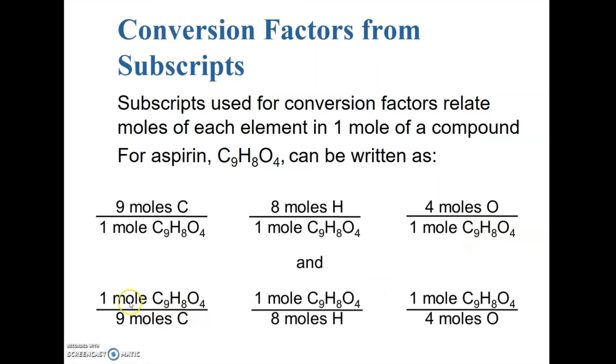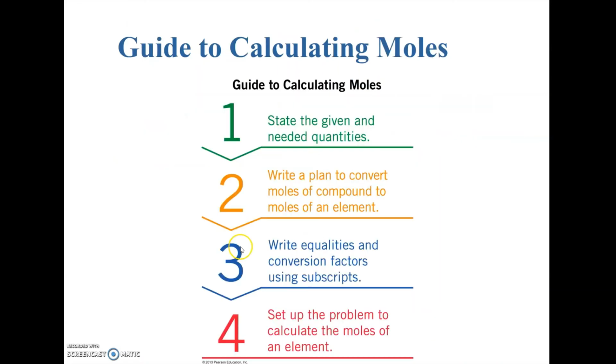In the next slide, we are going to learn how to relate 1 mole of a substance to the number of moles of different atoms, or different numbers of moles of a substance to different numbers of moles of atoms in the substance.